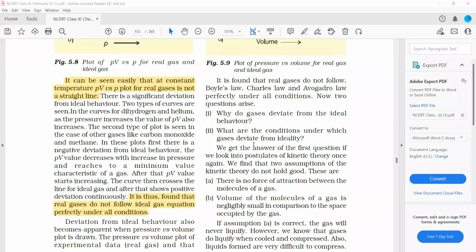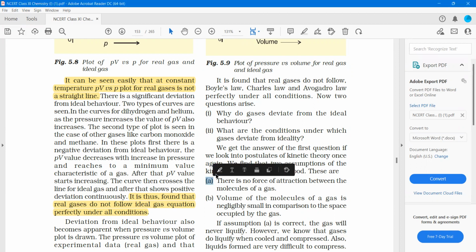We get the answer to the first question if we look into the postulates of kinetic theory once again. We find that two assumptions of the kinetic theory do not hold good. These are: there is no force of attraction between the molecules of the gases, and the volume of the molecules of a gas is negligibly small in comparison to the space occupied by the gas.